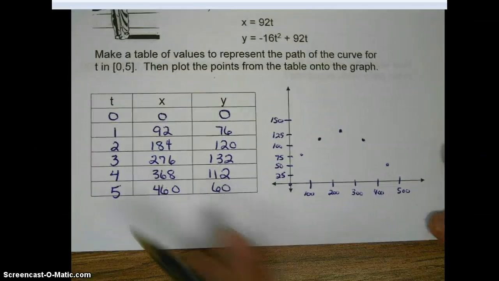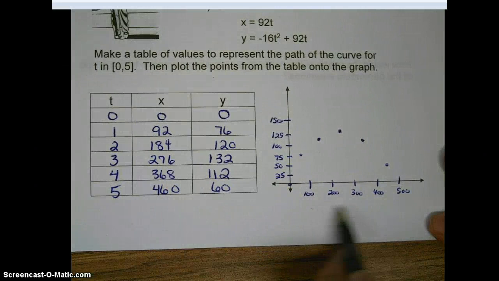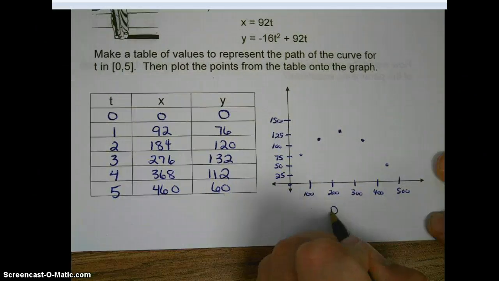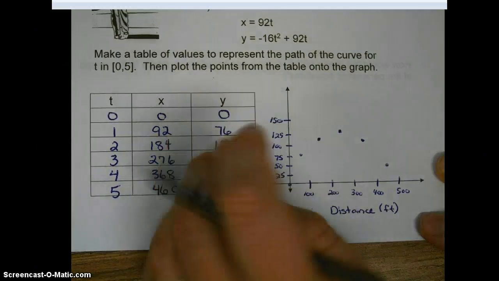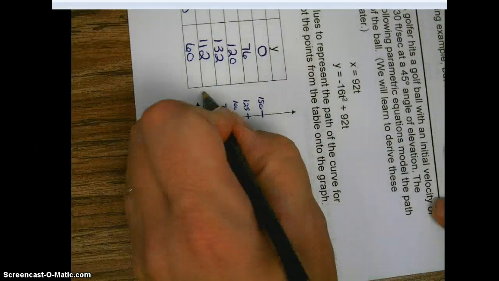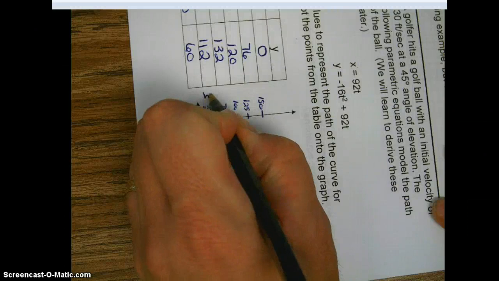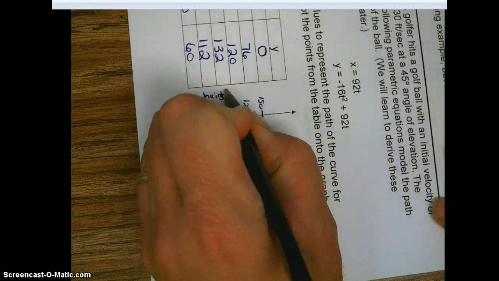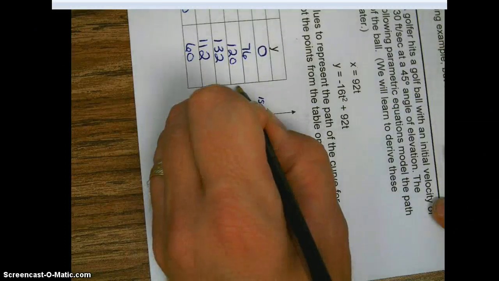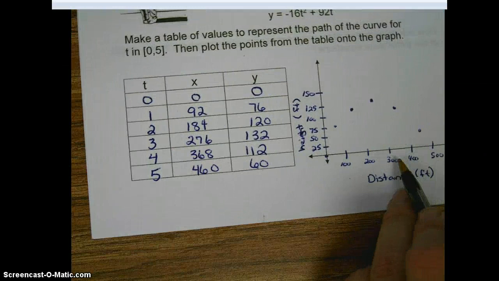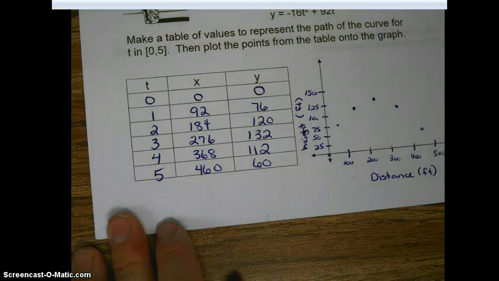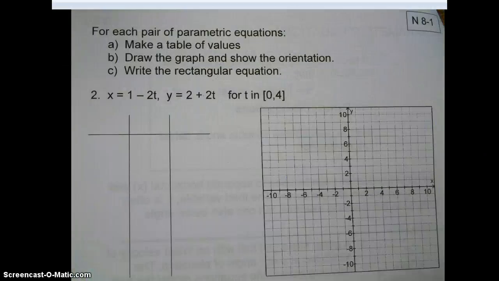Our horizontal is going to be represented by distance in feet, and our y is going to be the height of the ball, and that is also in feet. And so that's how you make a table and a graph from two parametric equations.